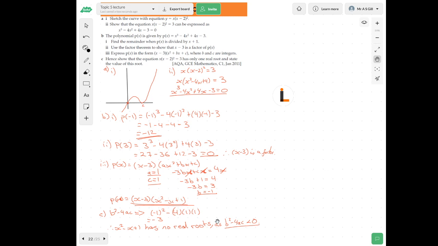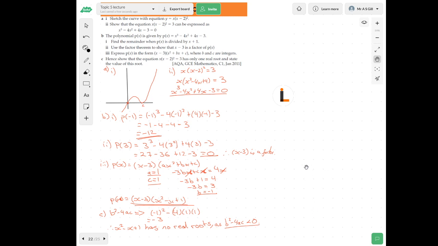So the only real root of p of x is the one we've used previously, which is when x is equal to 3, and we will just have to write that as a statement.